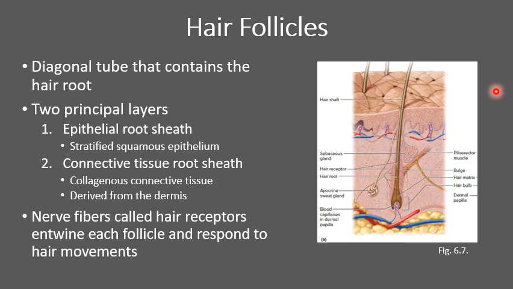Nerve fibers called hair receptors entwine each follicle and respond to hair movements. Here you can see your nerve fiber that surrounds the hair follicle, and when the hair is moved on the external surface of the body, it sends a signal to your brain telling you that it's moving.